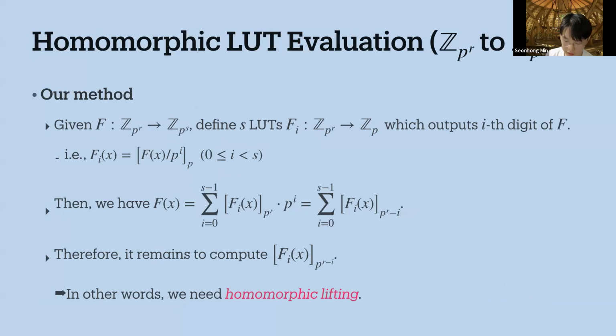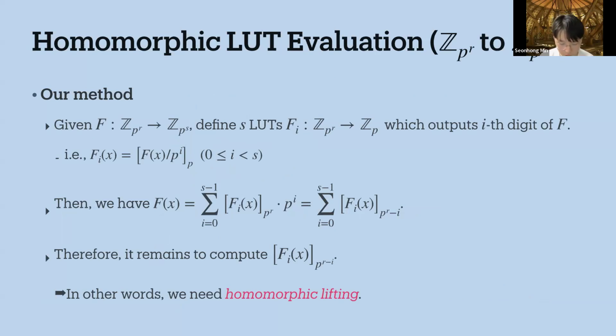Now, let's generalize this homomorphic evaluation method from Z_p to the r to Z_p to the s. Given an LUT f from Z_p to the r to Z_p to the s, we can define s LUTs f_i, which output the ith digit of the original LUT.